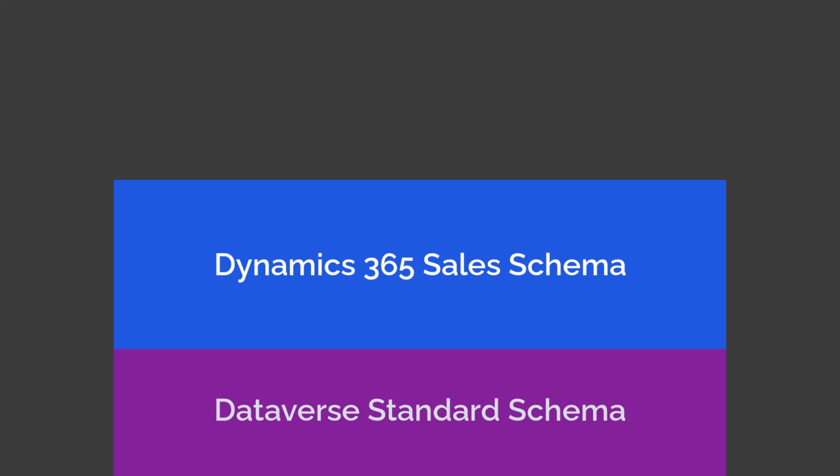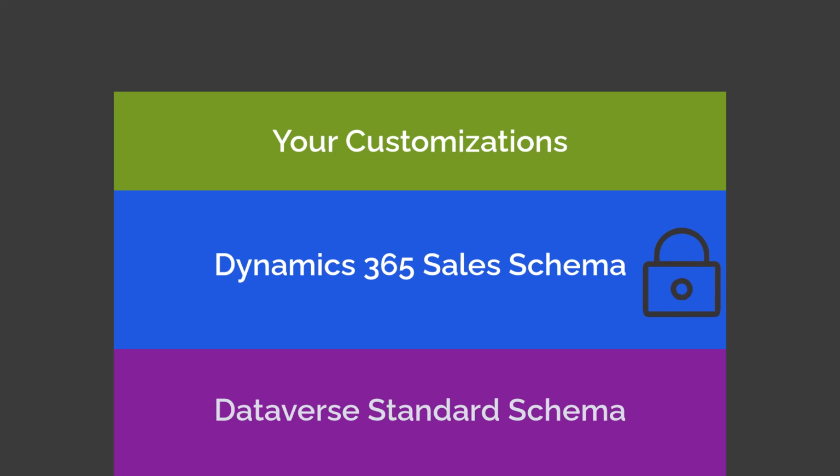If you elect to include Dynamics 365 Sales Enterprise or other first-party apps, the environment will be provisioned with additional schemas based on your selections. Once provisioned, those additional schemas cannot be removed from that environment, and your customizations will live above those.